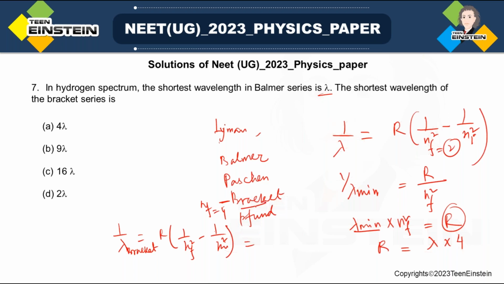Final will be 4th, and initial can be anything. So for minimum wavelength, we have to take ni as infinity. So R divided by nf square, nf is 4, which is 16. Now we have to find out what is lambda. So lambda is actually 4 lambda divided by 16 here.